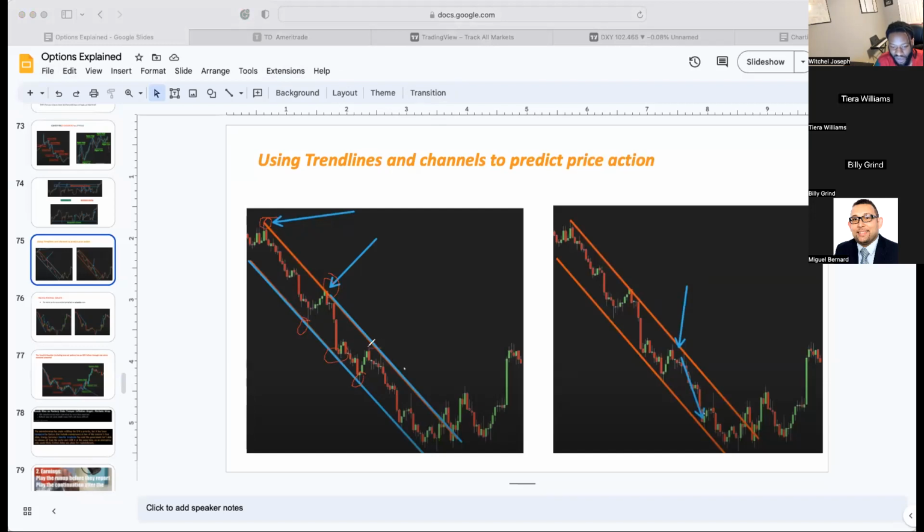Next time I see it reject off the top, I know to sell. When it bounces off the bottom, I know to buy, as long as it starts to bounce first. Does that make sense to you guys? Any questions? Because I'm going to show you guys these on the chart now. So now let's go back to the DXY.